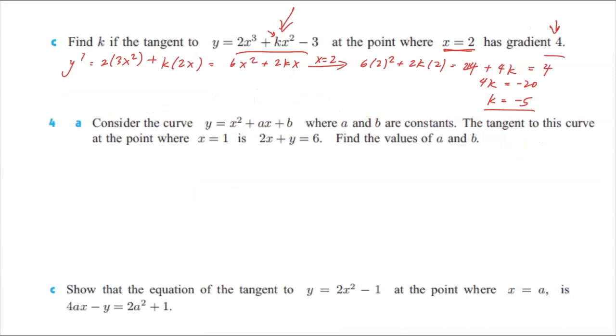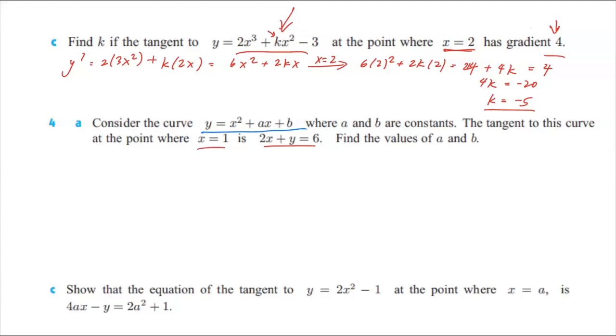4a. Consider this curve where a and b are constants. The tangent to this curve at the point where x equals 1 is 2x plus y equals 6. Find the values of a and b.